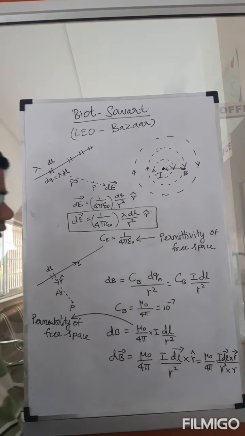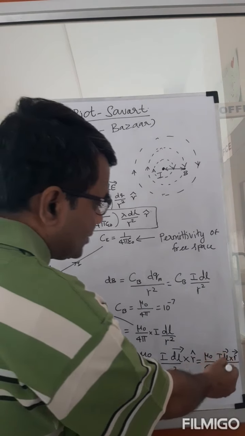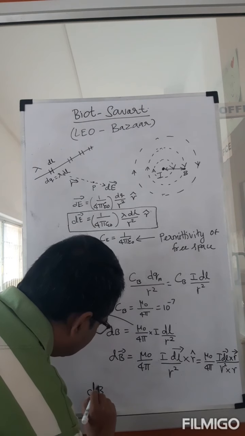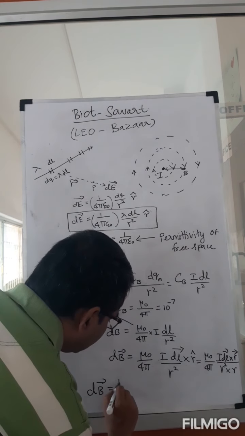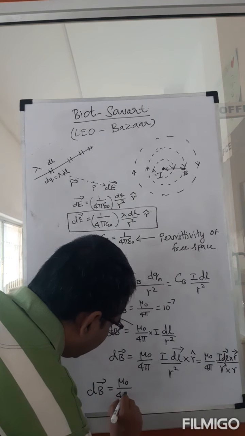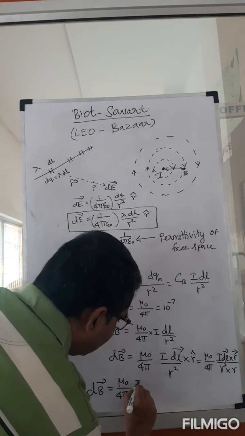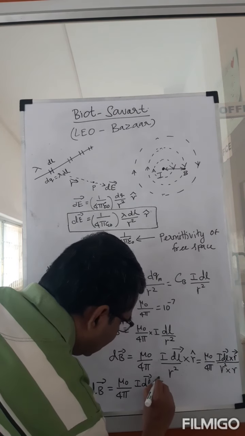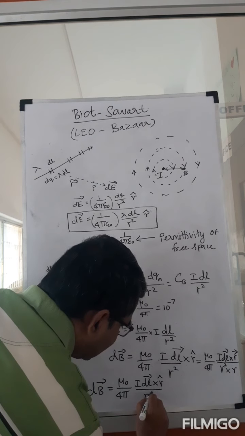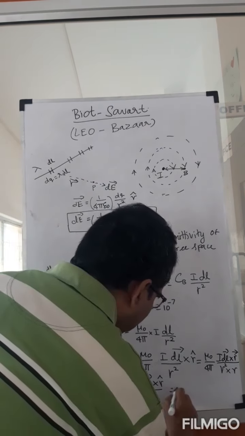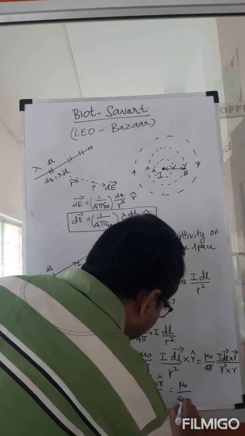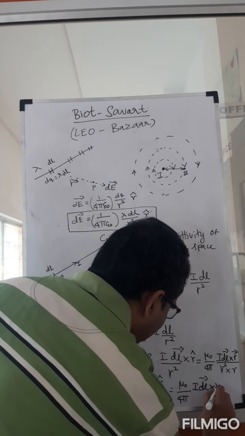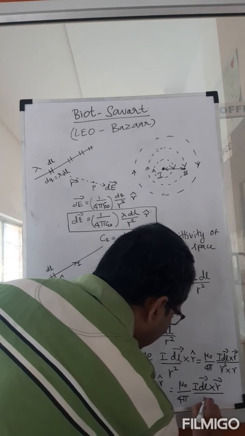So r squared by r squared into r. So I get this equation. So now dB is equal to mu naught by 4 pi I dl cross either unit vector, in that case it's going to be r squared, or mu naught by 4 pi I dl cross the whole vector, in that case it's going to be r cube.